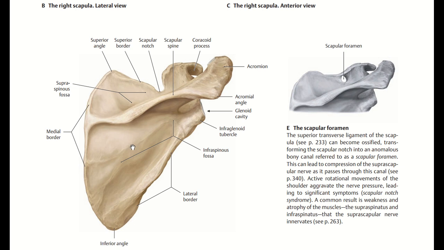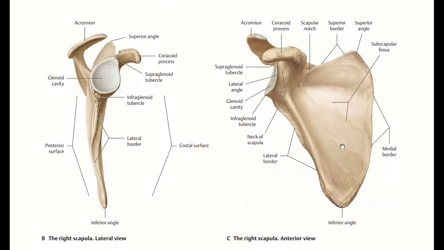Infraspinous fossa is going to be attached by the infraspinatus muscle. Good. Let's take a look at the anterior portion of your scapula. So the anterior portion of your scapula, or in other ways, the costal portion of your scapula, because it lies on the costal wall, is going to be concave, right?